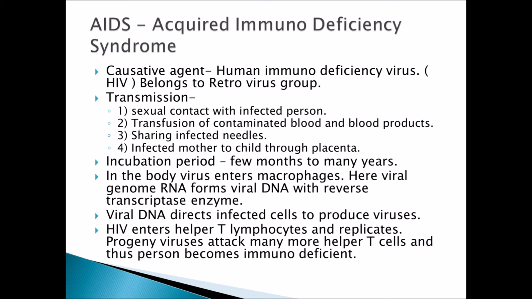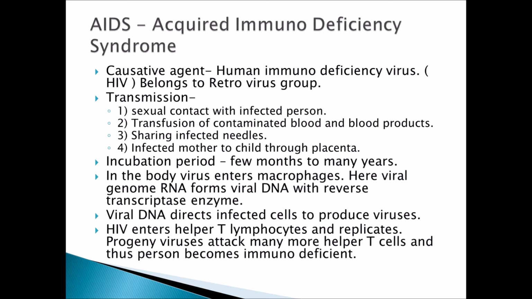Once this viral DNA is formed, this viral DNA directs infected cells to produce viruses. Then it takes over the infected cell machinery and it leads to the production of its own kind of viruses.